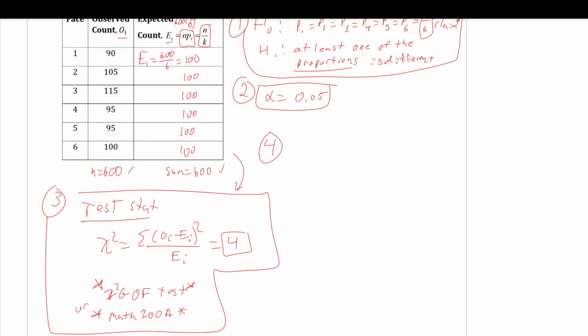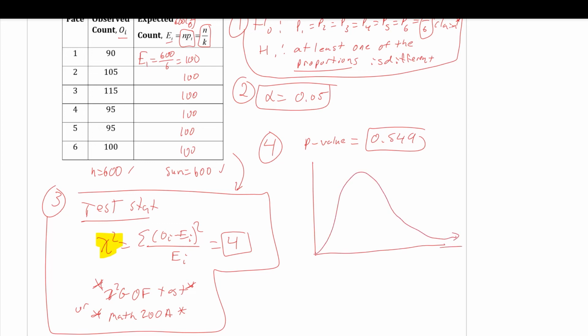Step 4 is drawing a graph. We're going to need a p-value, and from that output, the p-value, if I round to 3 decimal places, was 0.549 from the calculator. We're dealing with the chi-square distribution, which is skewed to the right. Our graph has to match up with our test stat. It starts at 0 and goes on to infinity.